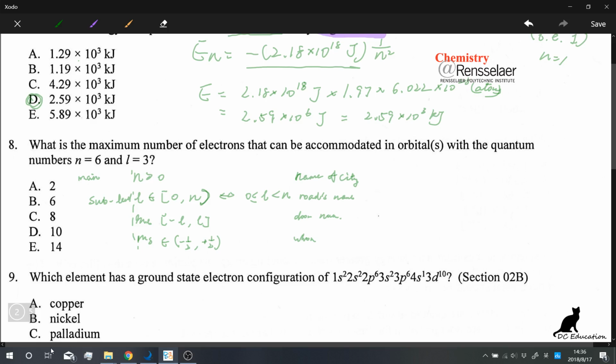And so for this particular question, it says n equals 6 and l equals 3. When n equals 6, l can be 0, 1, 2, 3, 4, and 5. And let's see how many electrons, as we talked about. It's the door number, how long the street is. So it's from negative l to positive l.